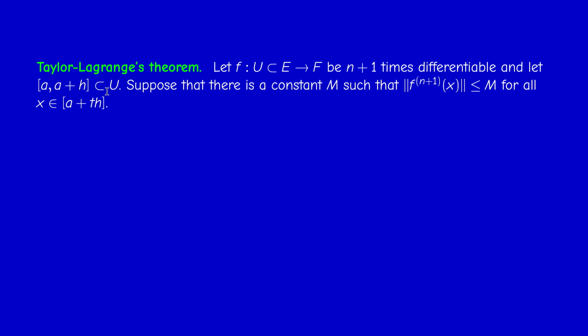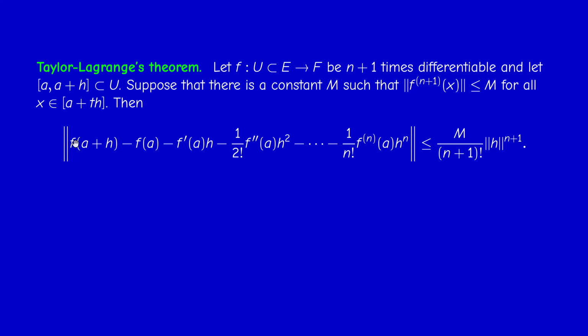Now, if u is convex, it's enough to assume that a and a plus h are in u. Okay, or you may assume simply that h is small enough, which is the practical assumption that we will make in practice.